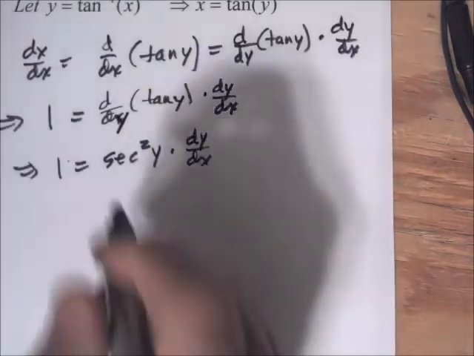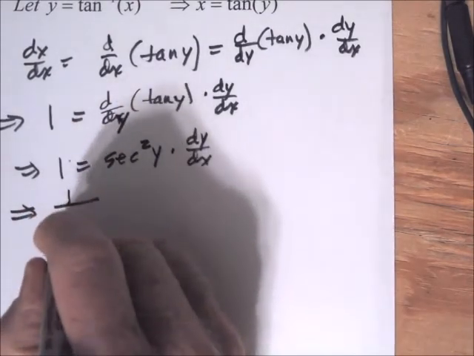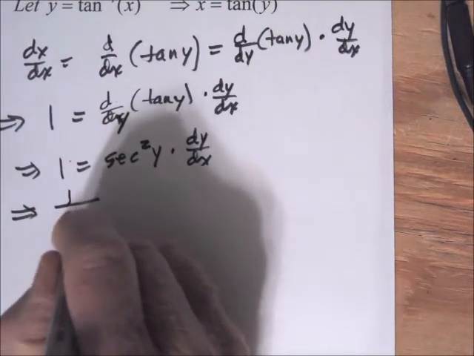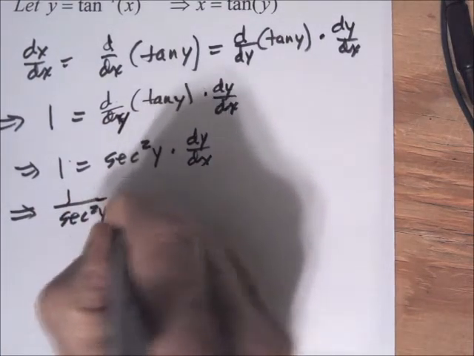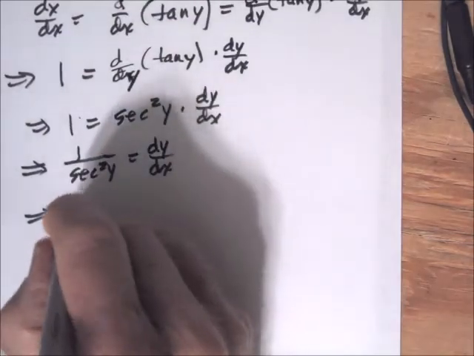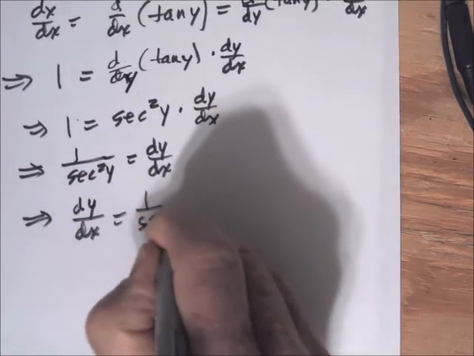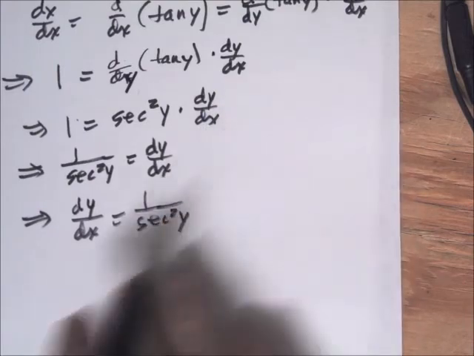If we solve for dy/dx, dividing both sides by secant squared, we have 1 over secant squared y is equal to dy/dx. Usually we put what you're solving for on the left, so dy/dx is equal to 1 over secant squared y.